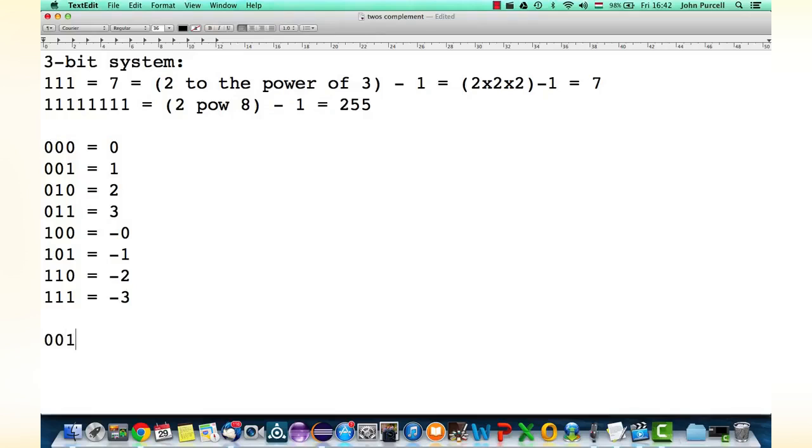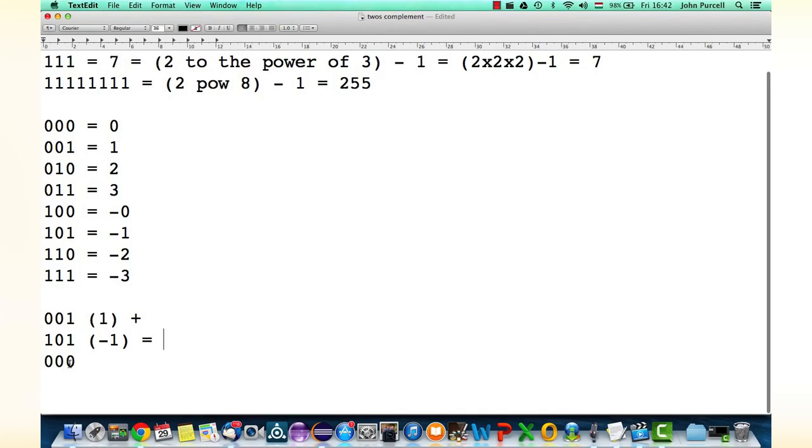So 001 is 1, and add to it minus 1, which is 101. I'll put zeros for the answer to start with. So this is 1, and we want to add negative 1 equals.